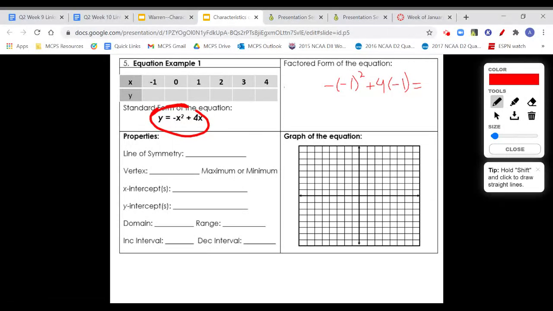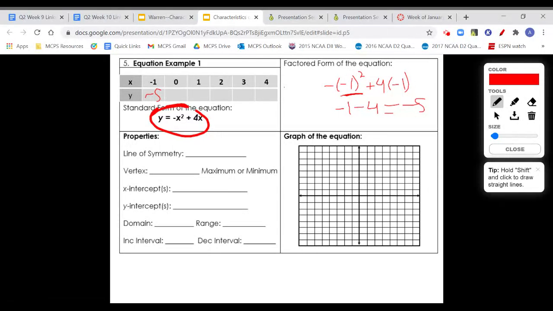Okay, and if you see that, we can see (-1)². So this part right here, that turns out to +1. Okay, but there's a negative in front of it, so that leaves me with -1. And then 4 times -1 is -4, so we're left with -5. Again, if you are struggling with operations with negative integers, double check this in your calculator, but this comes out to -5.